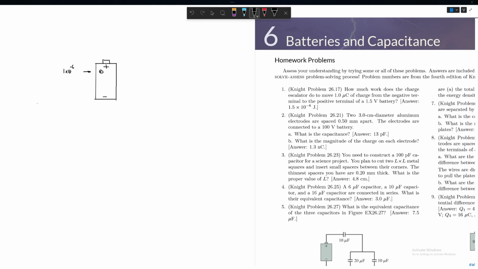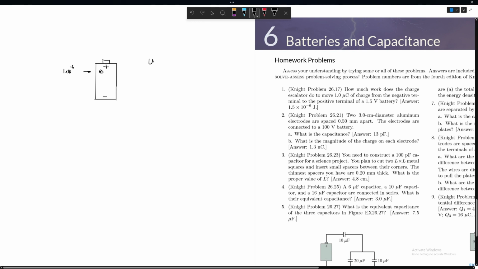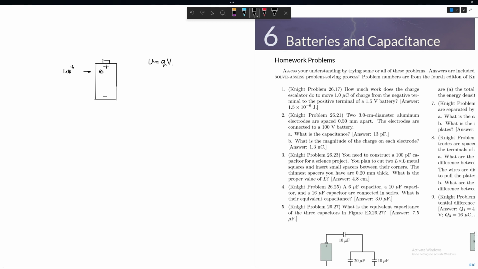So which equation am I going to use for this? Now, well, I know my electric potential equation, U gives me my work, which equals the Q, V. So if I have a 1.5 volt terminal and I have a Q, how much work does it do? Well, 1 times 10 to the negative 6. Remember, this is coulombs, right? And my volts is 1.5, and this is joules per coulomb.